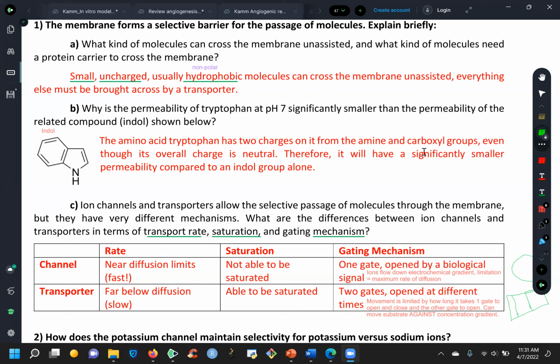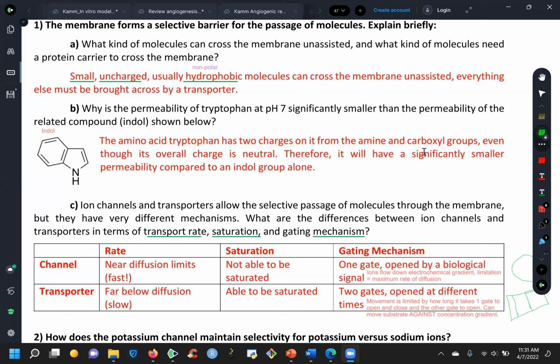So we know that tryptophan is an amino acid. And then they told us, oh, you have a pH of 7. Okay, so we know that at pH 7, the carboxylic acid group of tryptophan has already donated its protons. So it has a negative charge, right?